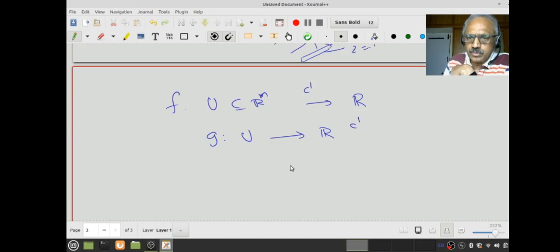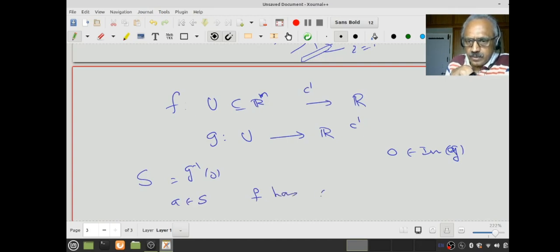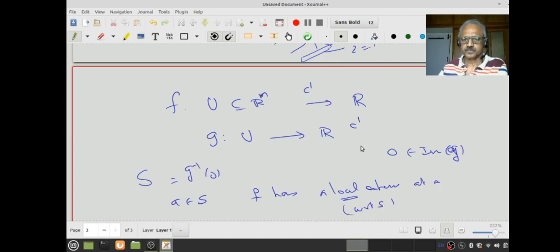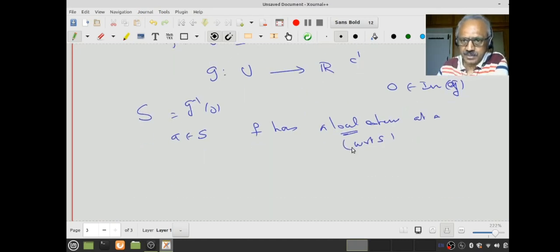Assume 0 is in the range of G. Then I can denote by G inverse of 0 my level set of G, call it S. And suppose A is a point in S so that f has a local extremum at A, and local is with respect to S, that is, in the subspace topology. Just go back to the picture, you should understand. All right, you follow that?